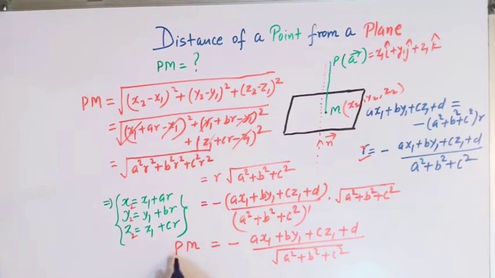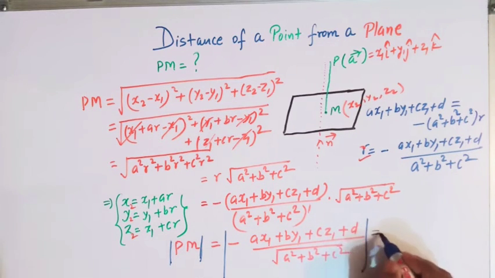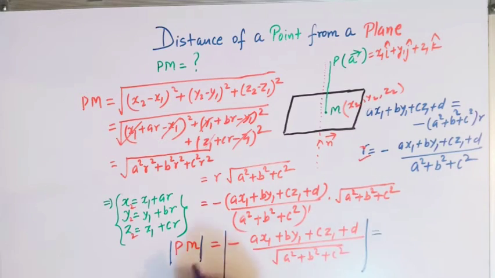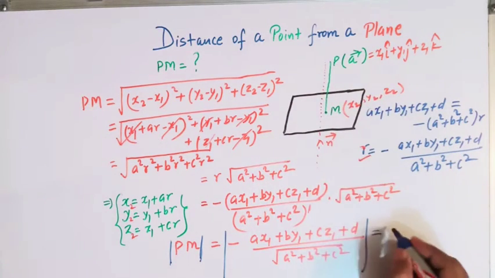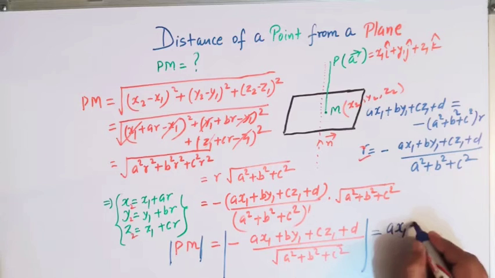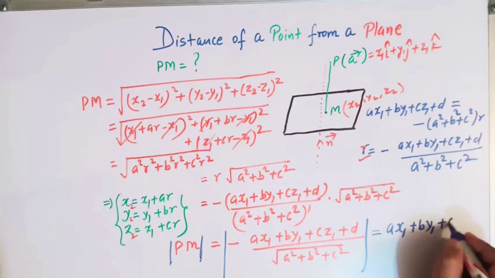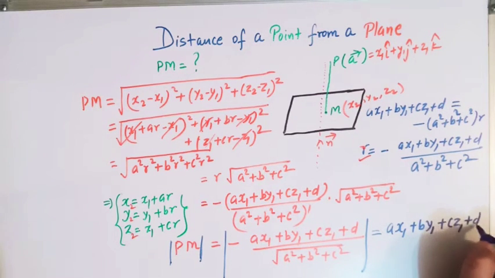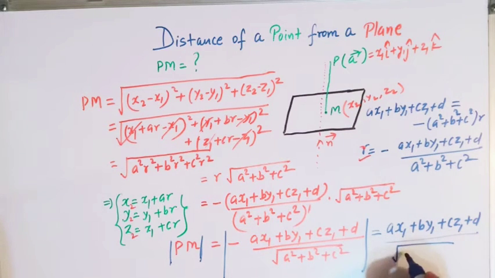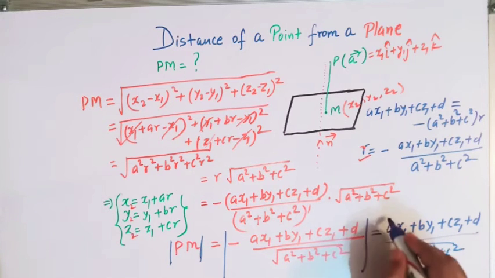Now viewers, the distance cannot be negative, so if we take the absolute value of both sides, we get the distance PM as |ax1 + by1 + cz1 + d| divided by the square root of a square + b square + c square.